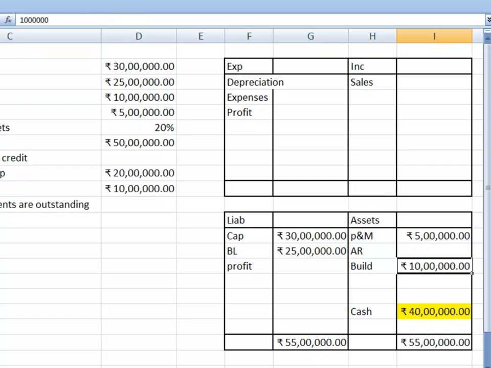That means depreciation on these two assets, 15 into 20%, depreciation would be 3 lakhs. Now second effect is that I will reduce the value of plant and machinery by 20%, so this would become 4 lakhs. And this would be 8 lakhs.